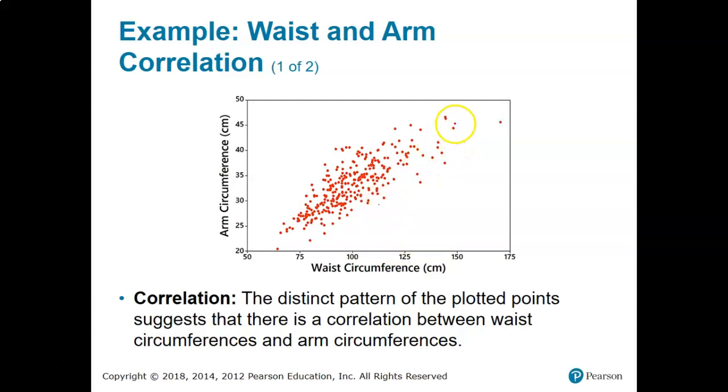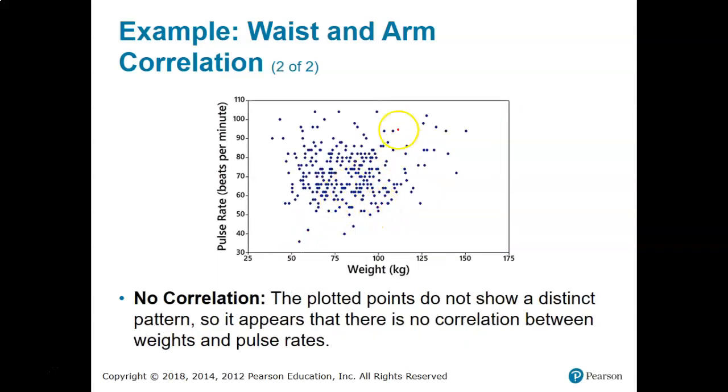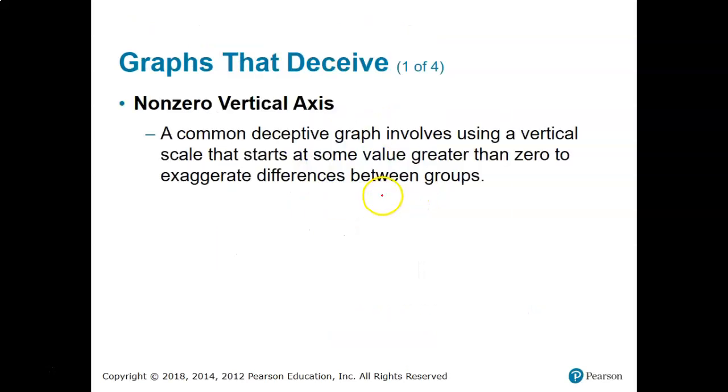It would be closer to a straight line if it were a better correlation, or it wouldn't be a strong correlation. Looking at this one, it would not have really any correlation because there's no distinct pattern that occurs with this distribution of points here.